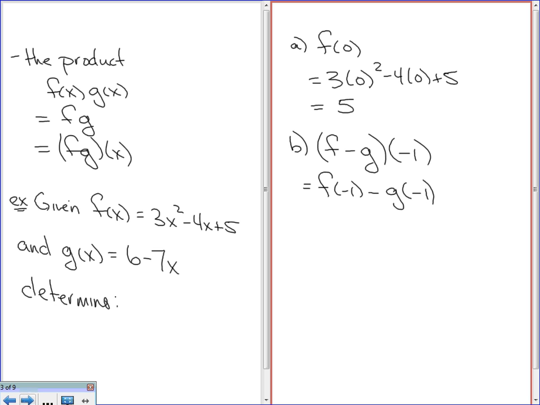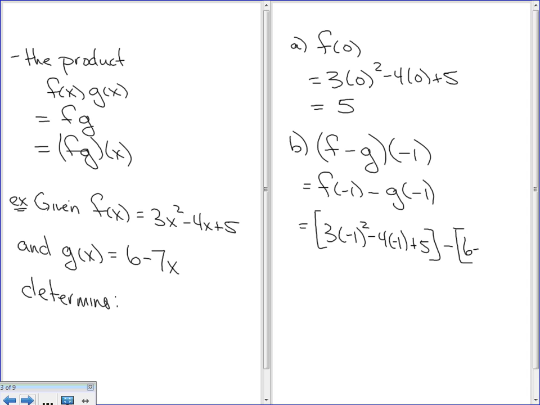Okay, so now it's just f at -1. I put -1 in to the f function, everywhere I see an x. Subtract off, and make sure you put this next part in brackets, right, whenever you're subtracting. Subtracting off g at -1, which is, now it's just a matter of simplifying correctly.